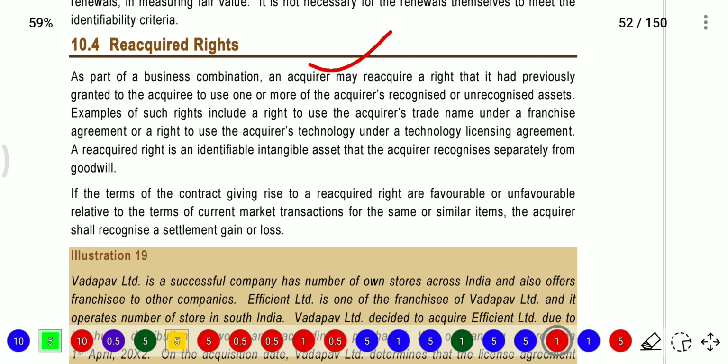So here the acquiree is granting one or more rights to the acquirer, recognized or unrecognized assets. For example, if you are selling one laptop and you have the right to reacquire that laptop, it will become a reacquired right.